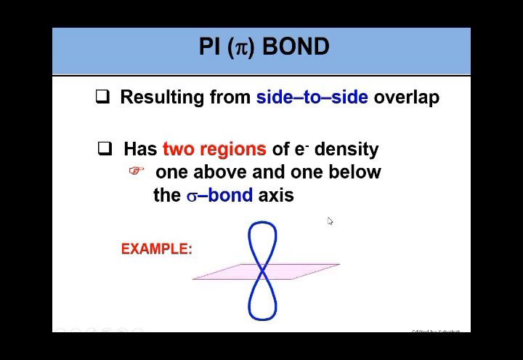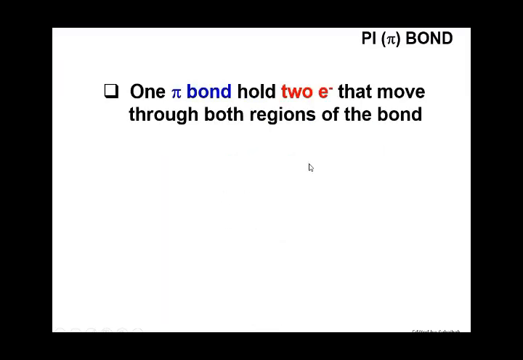Example: we have one dumbbell, a 2pz orbital, that will overlap with another 2pz orbital, and here it shows side-to-side overlap that will produce a pi bond. One pi bond holds two electrons that move through both regions of the bond, and a pi bond has restricted rotation.